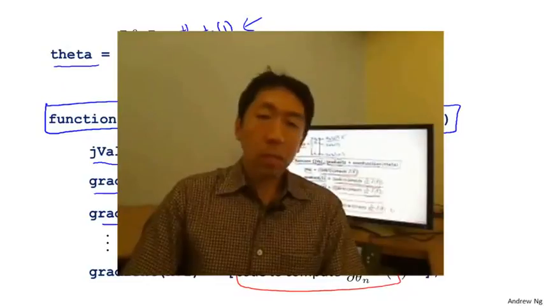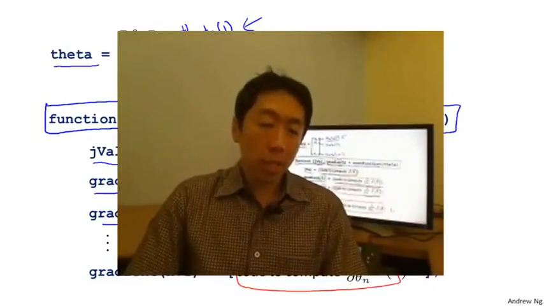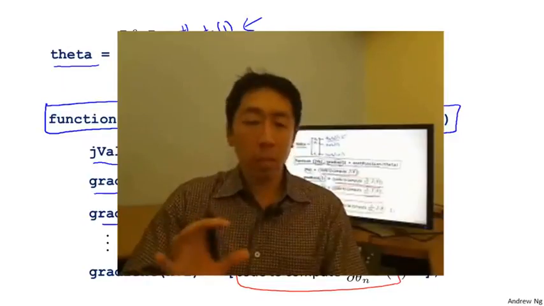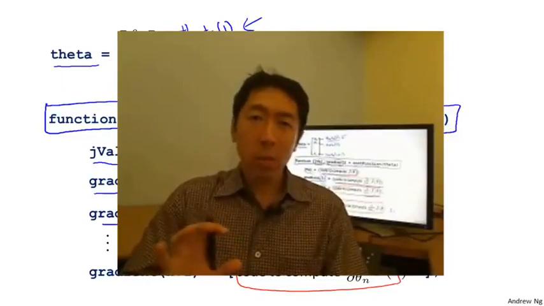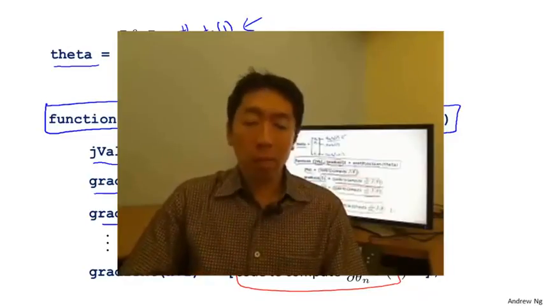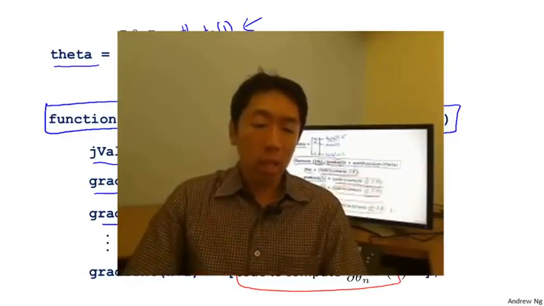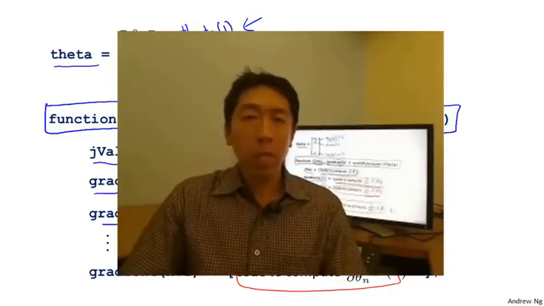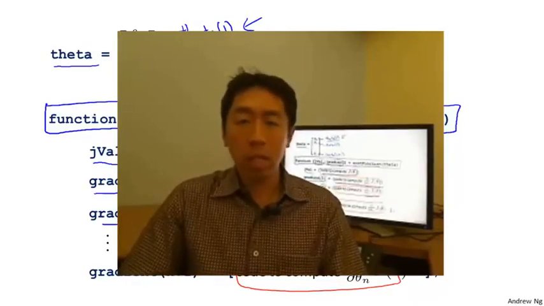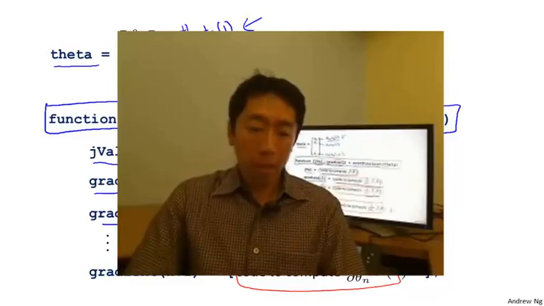Because you're using a sophisticated optimization library, it makes the code just a little bit more opaque, and so maybe a little bit harder to debug. But because these algorithms often run much faster than gradient descent, quite typically, whenever I have a large machine learning problem, I will use these algorithms instead of using gradient descent.